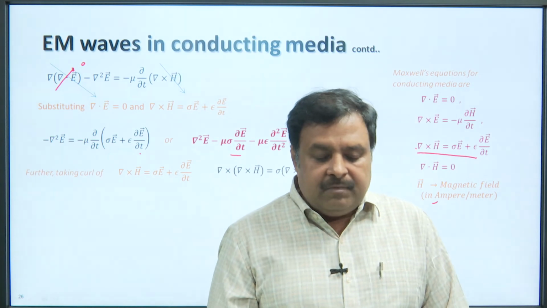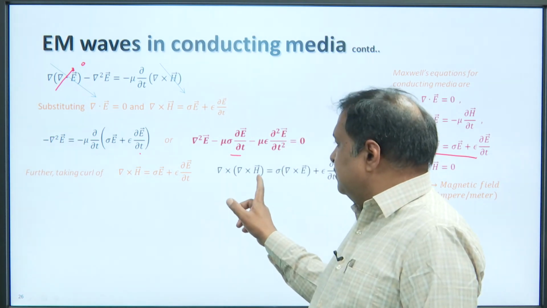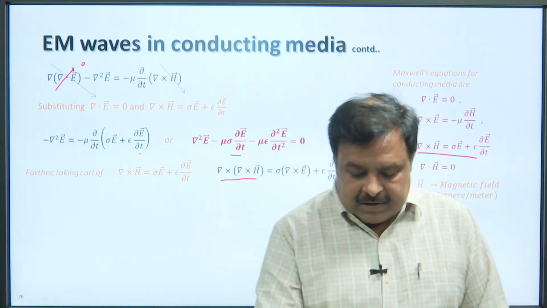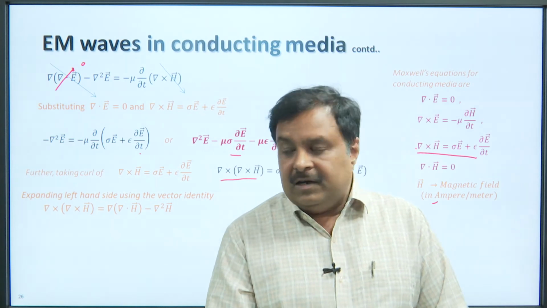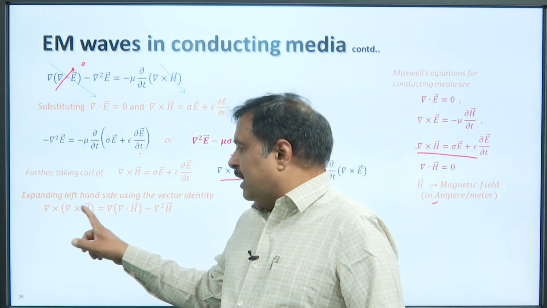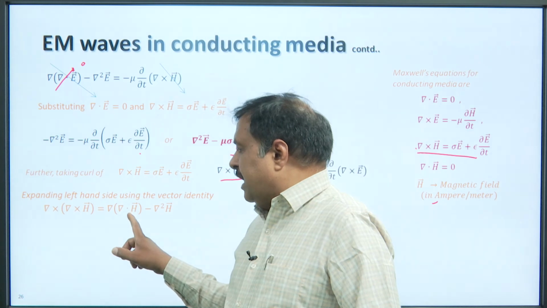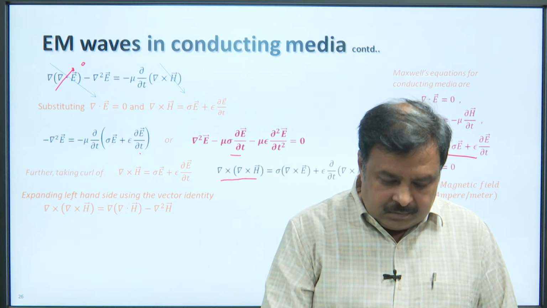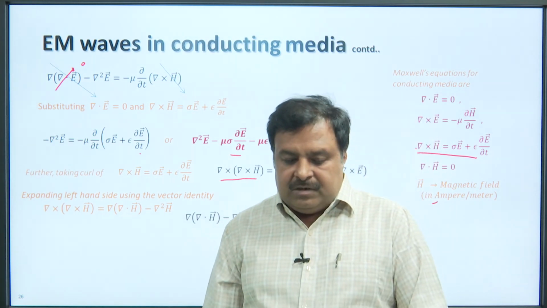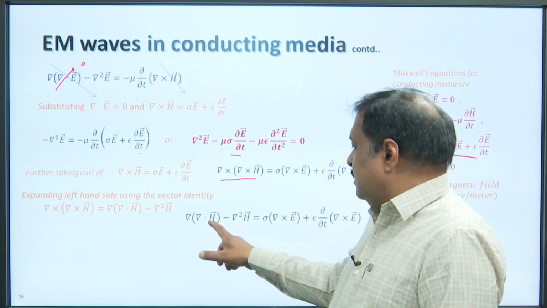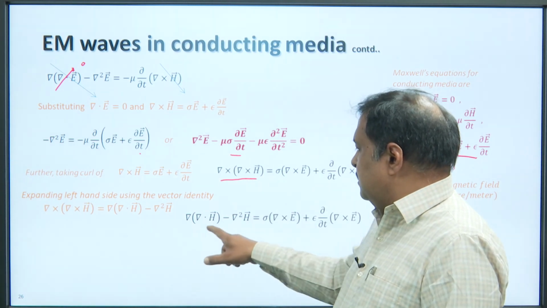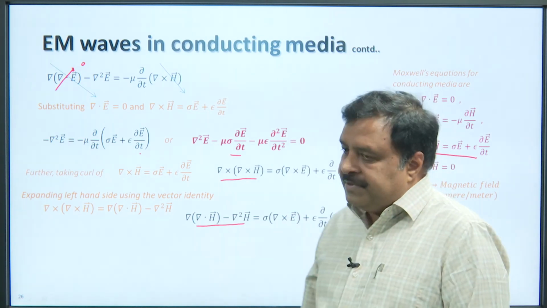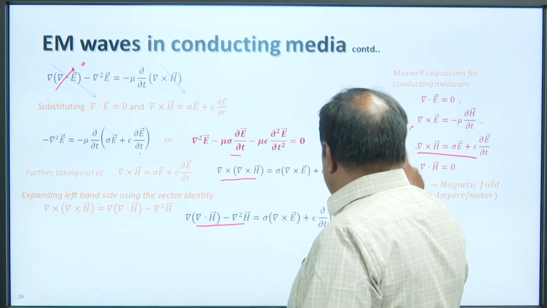So, again we will expand left hand side, this term by using vector identity. Which vector identity? This one, curl curl H equal to gradient divergence H minus del square H. So, when we expand this equation, left hand side becomes this, and in the right hand side we can substitute for del cross E from this equation.